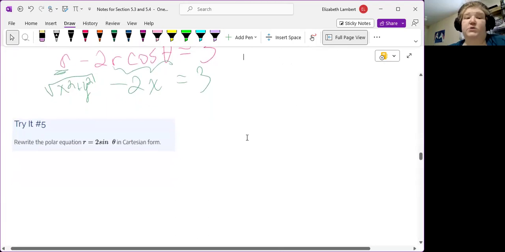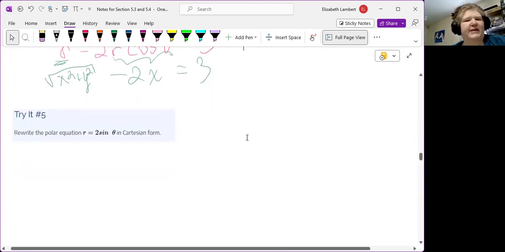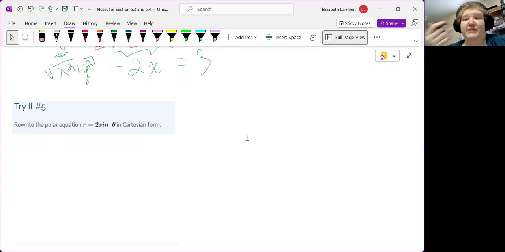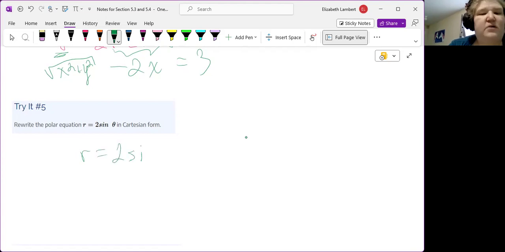All right, now this one, r equals 2 sine theta. Remember earlier I said, hey, we're going to have to do this backwards. Here it is backwards. So earlier I divided both sides of a polar equation by r. Here I'm going to multiply both sides of the polar equation by r. I'm doing the same thing to both sides, but that will make the next step a lot more advantageous. So there's our equation.